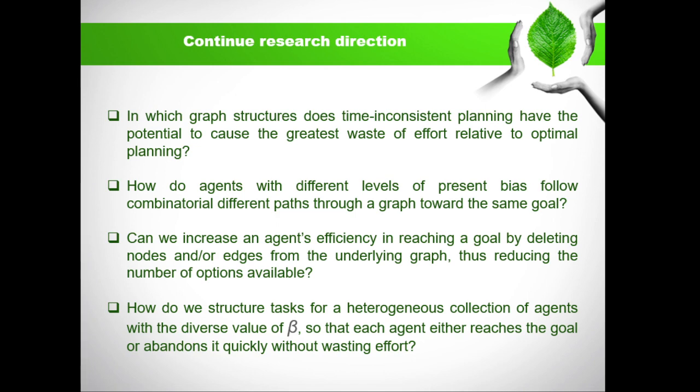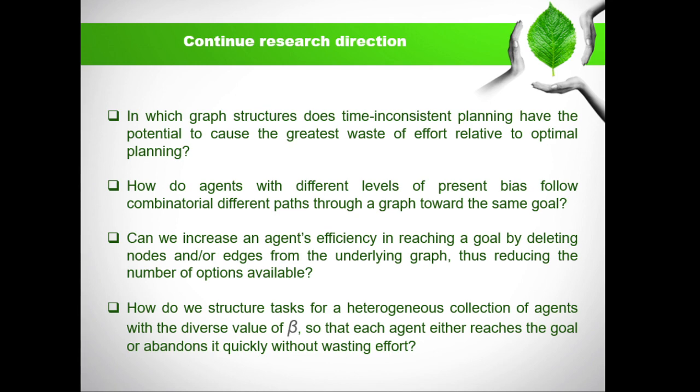How do agents with different levels of present bias follow combinatorially different paths through a graph towards the same goal? Can we increase an agent's efficiency in reaching a goal by deleting nodes and/or edges from the underlying graph, thus reducing the number of options available?